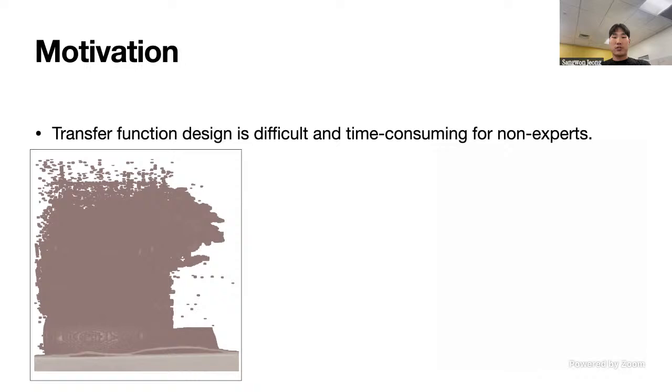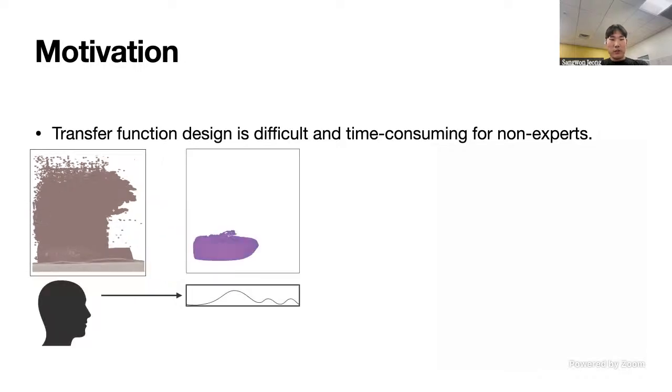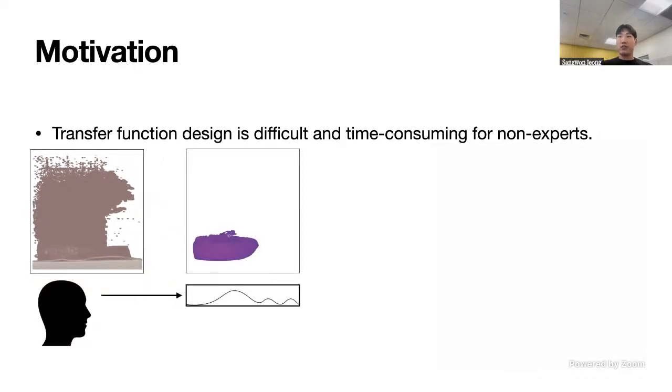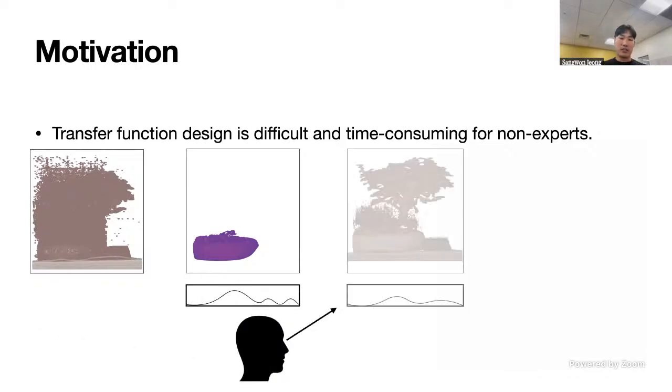Our short paper starts from the fact that volume rendering is a tedious process. Take this for an example. At first, you may not see anything. Only when you tweak the opacity transfer function, you start to see a silhouette of what the volume might be. This process is iterative.